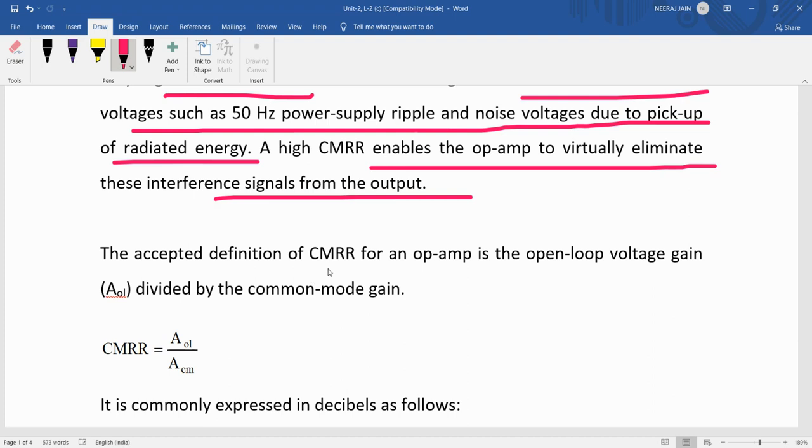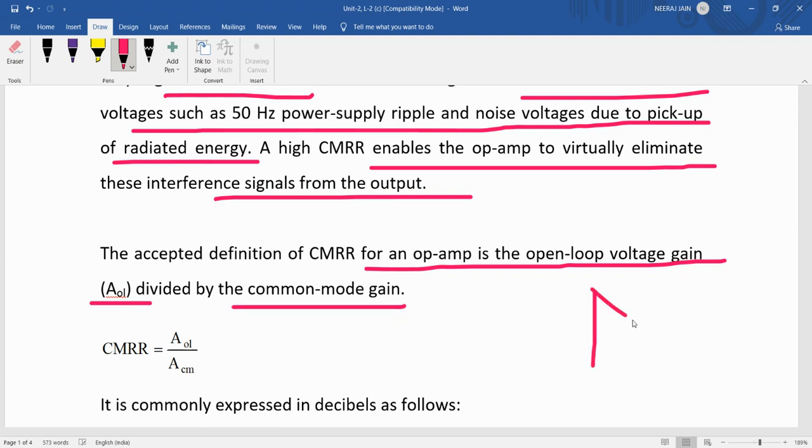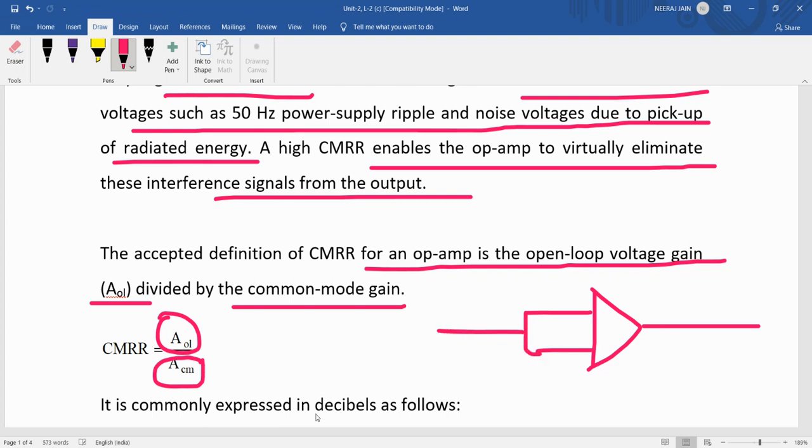The accepted definition of CMRR for an op-amp is the open loop voltage gain divided by the common mode gain. As we have seen in the diagram, the open loop gain is AOI, and that is divided by the common mode gain when both inputs are 0.